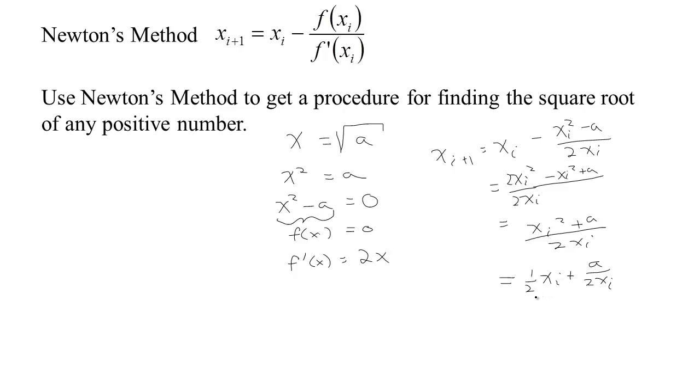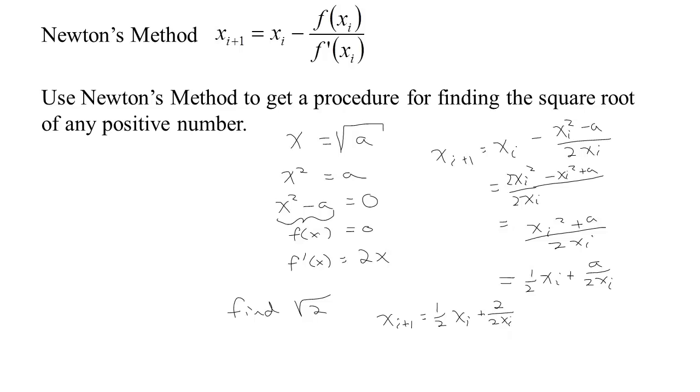Let's show how we could use this to find the square root, say, of 2. So for 2, our formula is that our next guess is going to be 1/2 xi plus a. In this case, we're trying to find the square root of 2 over 2xi.